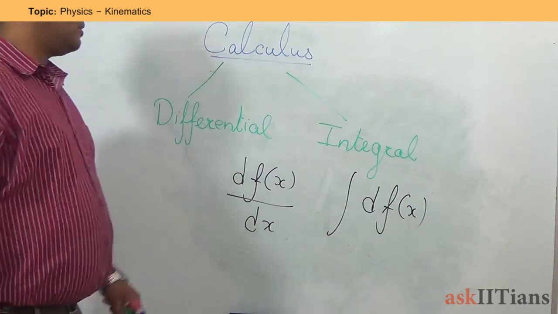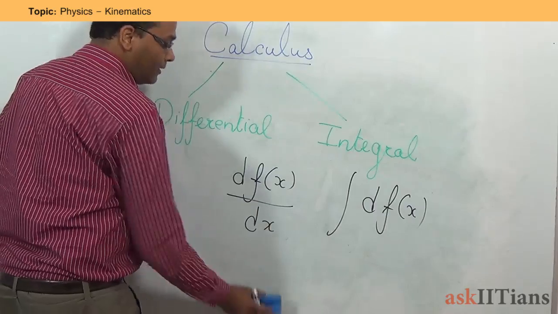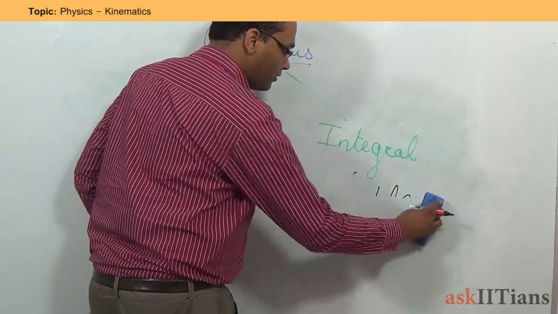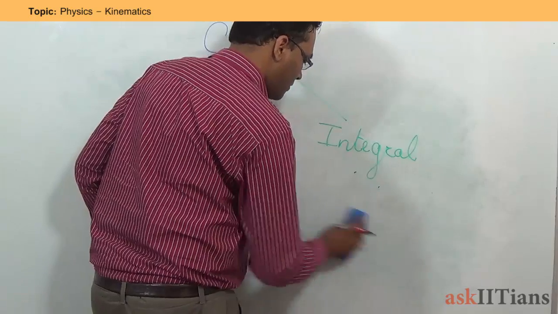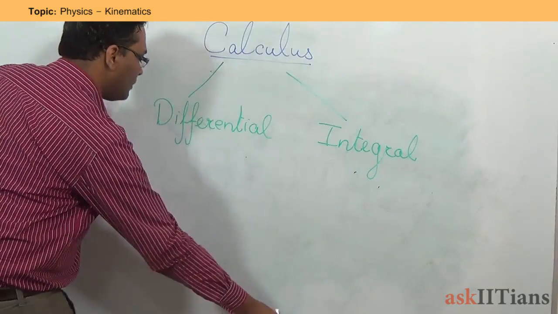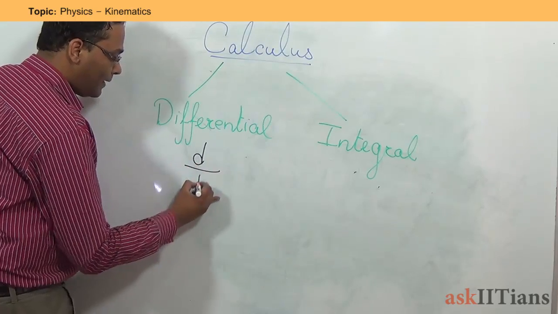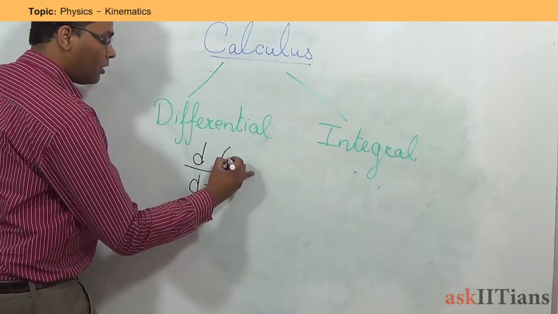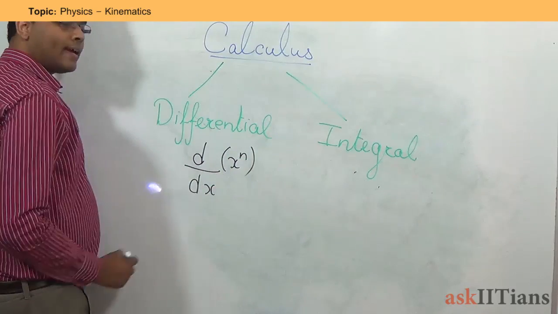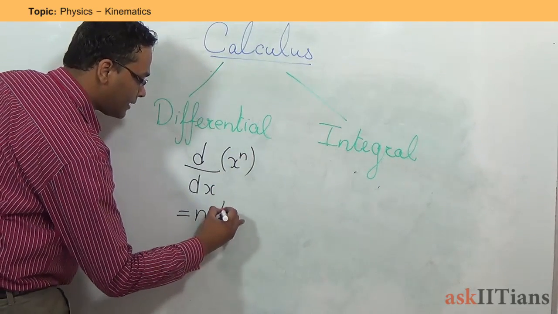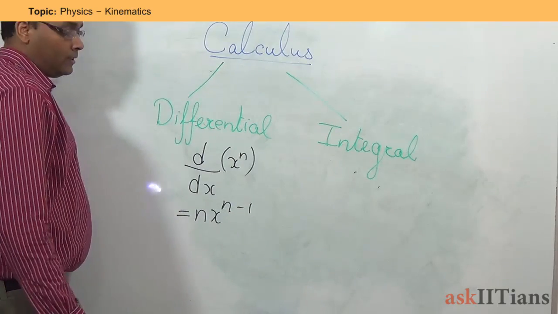Okay? Let me write down some simple formulae of differentiation and integration, which I'll be using basically. So d by dx of x raised to the power n, I guess I had it down before as well, is going to be given by n x to the n minus 1.